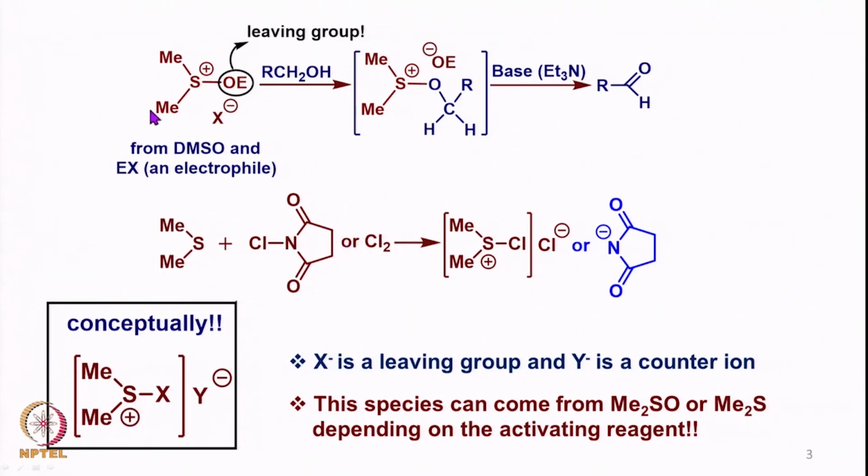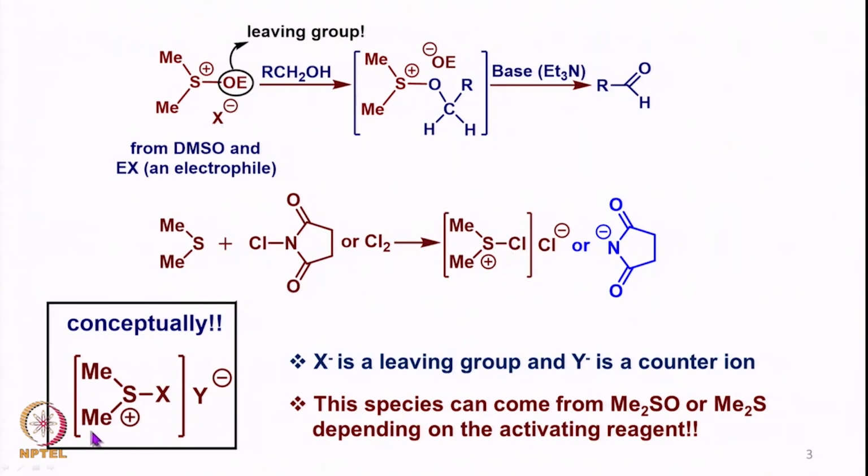So, as you can see, there is a conceptual similarity between these two. This is the DMSO species which is activated by an electrophile, where OE is a leaving group, and here directly the divalent sulfur leads to a species similar to this where there is a leaving group.